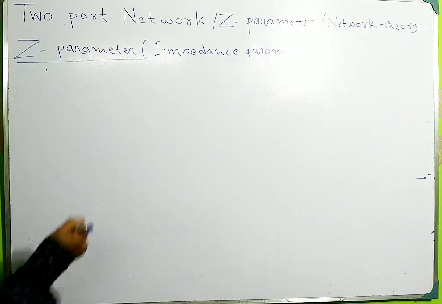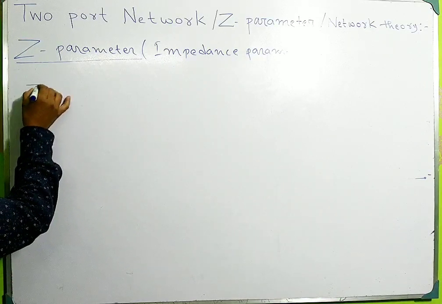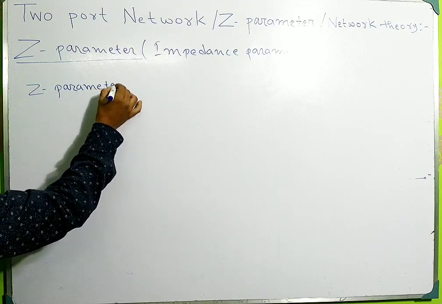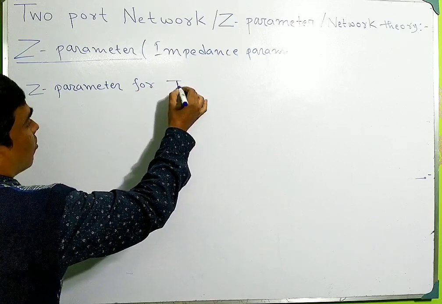So you have to find the Z parameters for a T circuit.